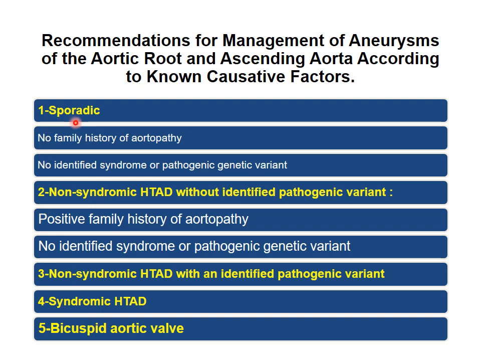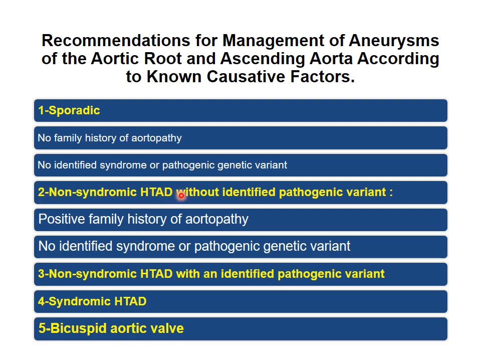The first category is called sporadic aneurysm, and to call it sporadic aneurysm, it must fulfill the 3 criteria: no family history of aortopathy, no identified syndrome, no pathogenic genetic variant.